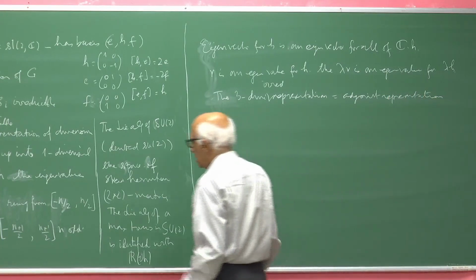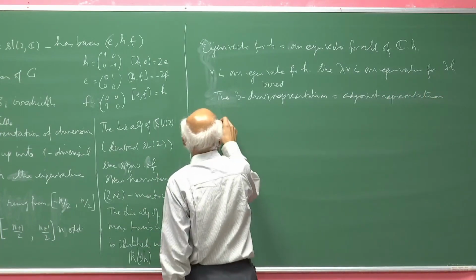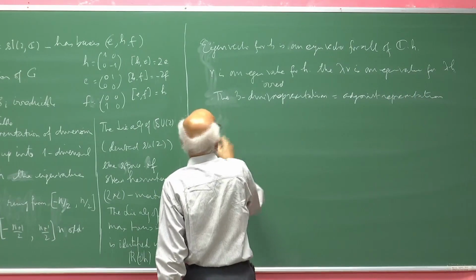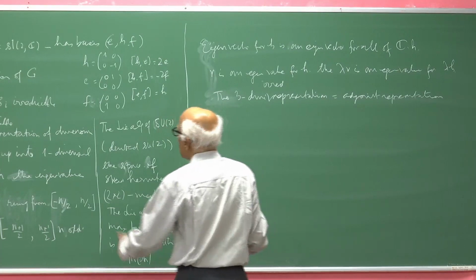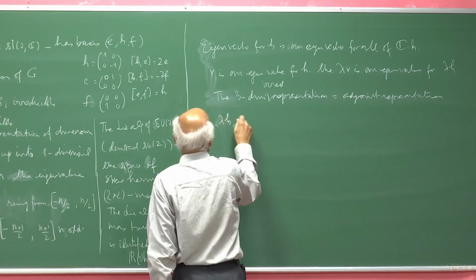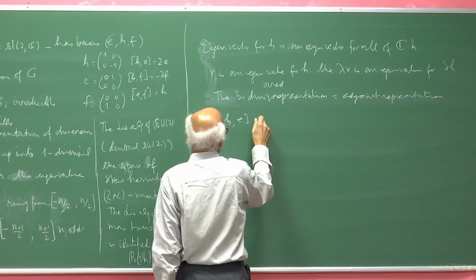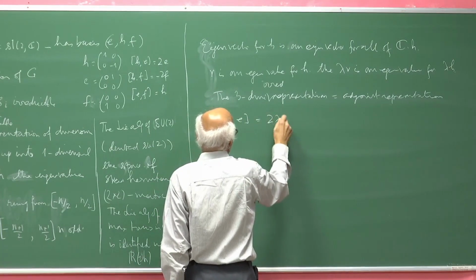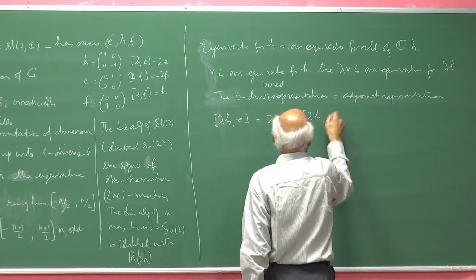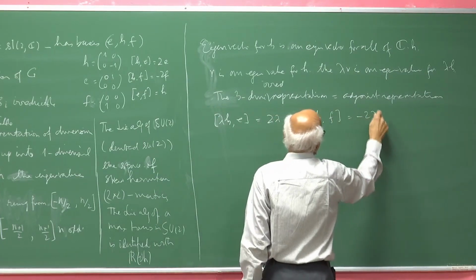And what happens is this: if I look at lambda H bracket with E, it is going to be 2 lambda E, and lambda H bracket F is minus 2 lambda F.